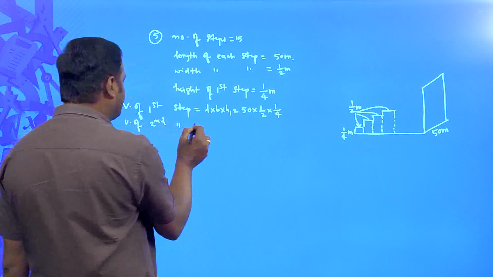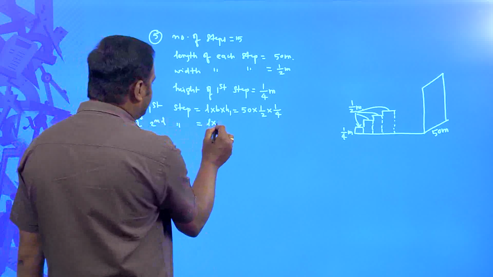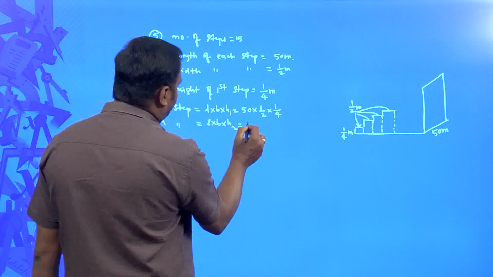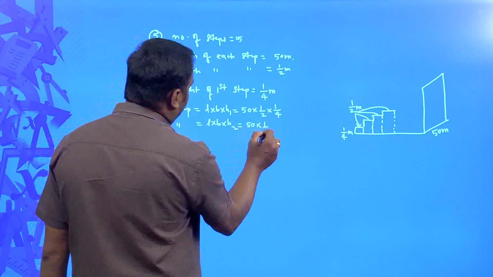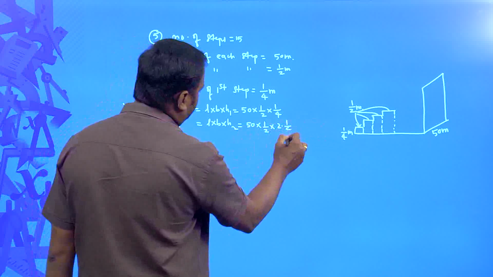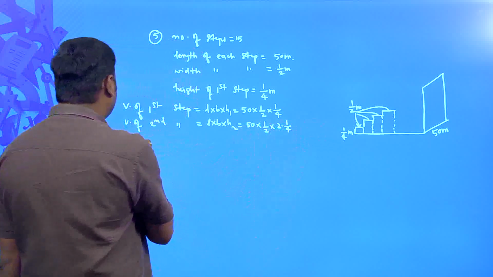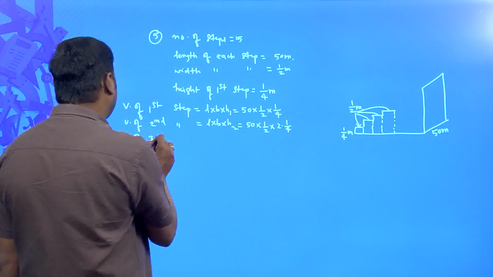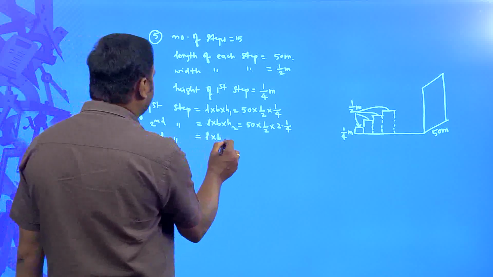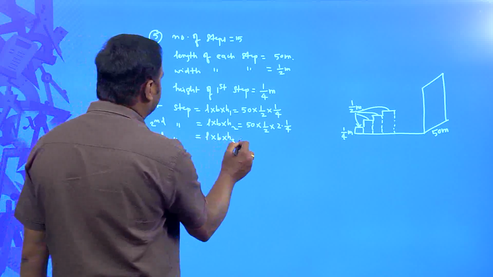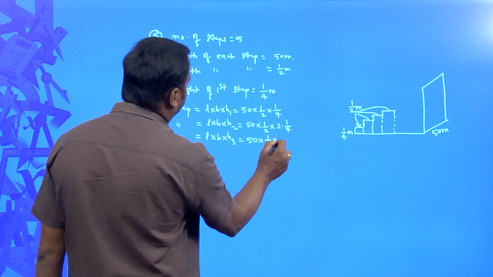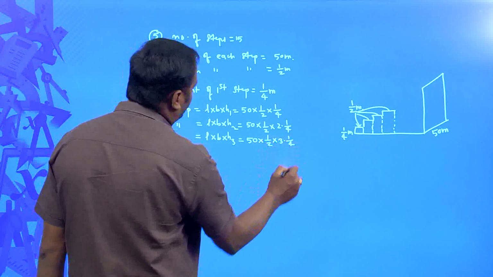Volume of the second step is L into B into H2, that is 50 into half into 2 times 1/4. And the volume of the third step is L into B into H3, which is equal to 50 into half into 3 times 1/4.